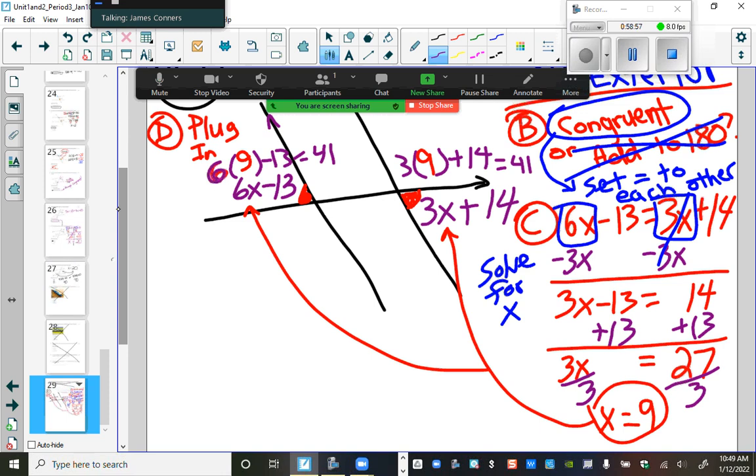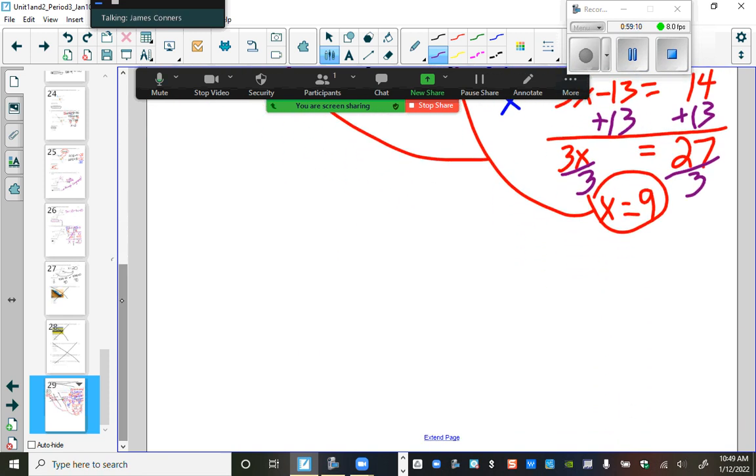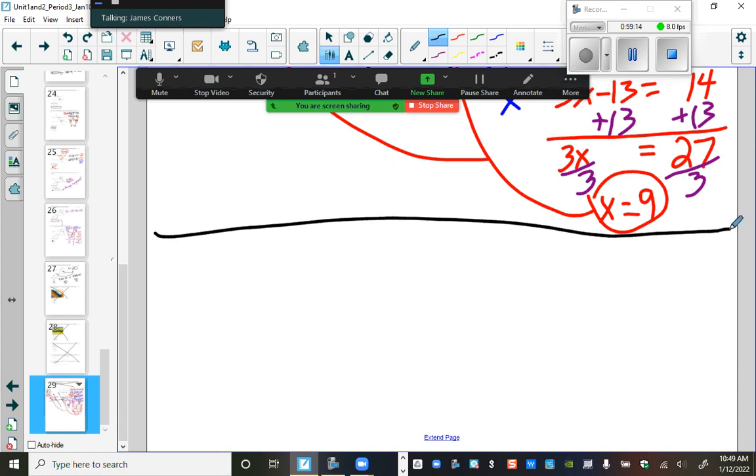It looks like we're getting it, but I just want to do one or two quick little drawings. Congruent or add to 180, and then that's going to be it. It should only take a couple minutes. And then projects, if you want to work on them, give you about 20 minutes.